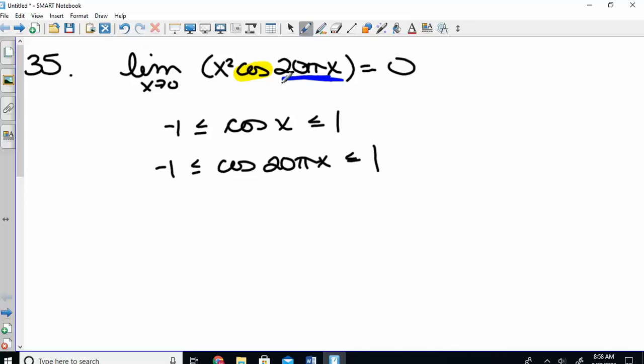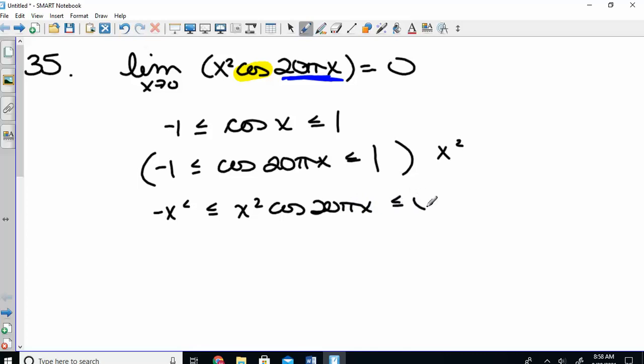Now, what do I have to do to make this match what we had up here? So negative x squared is less than or equal to x squared cosine of 20 pi x, less than or equal to x squared. And then, to get what we have up here, we need the limit. So you add the limit to everything.